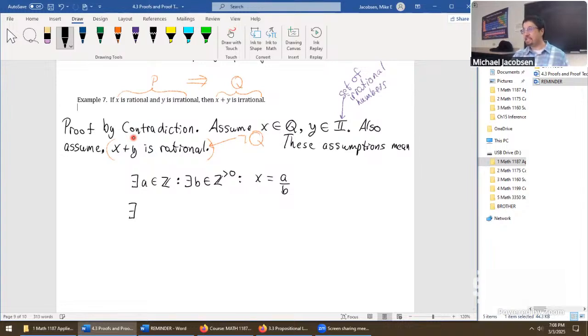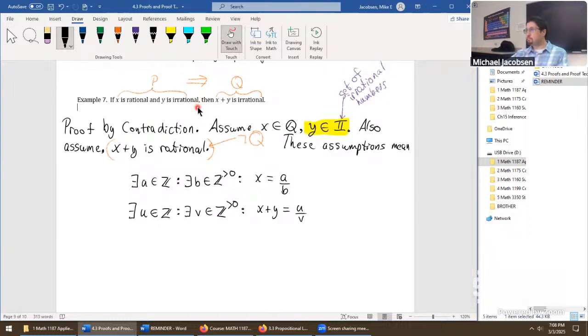So for that statement there, we can say there exists U in Z, there exists V in Z, non-negative, so greater than 0, such that now X plus Y, the sum, is equal to U divided by V. So we're done with the assumptions. We couldn't do anything with Y being irrational. We just have to recall that. Might be a good idea to just slap it with a highlighter.